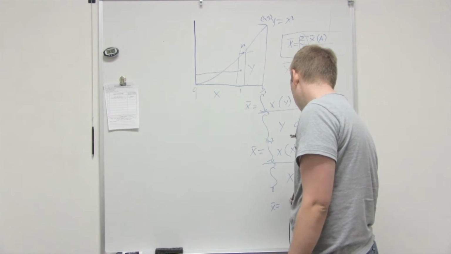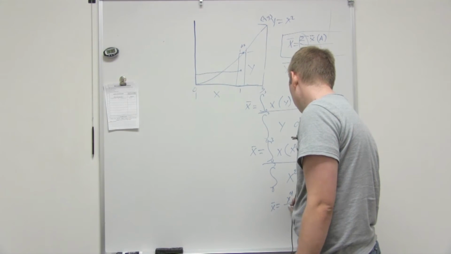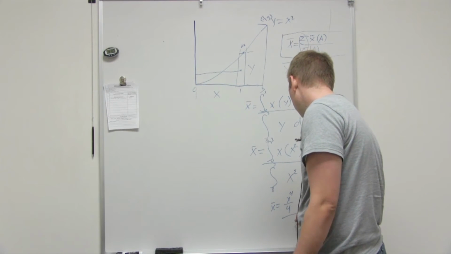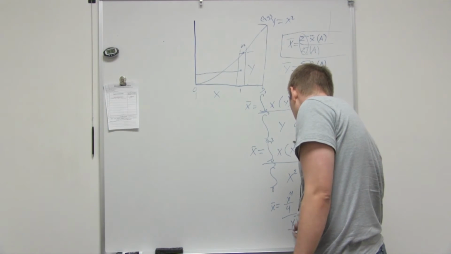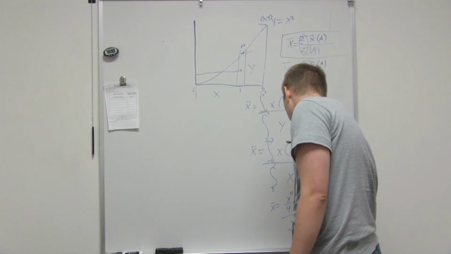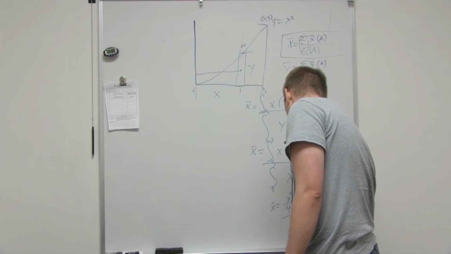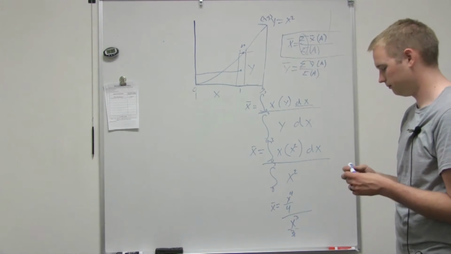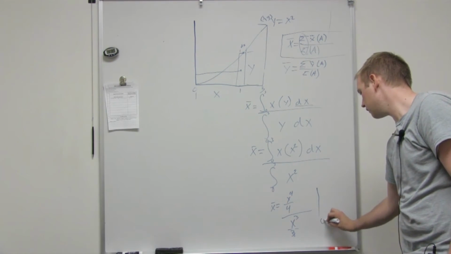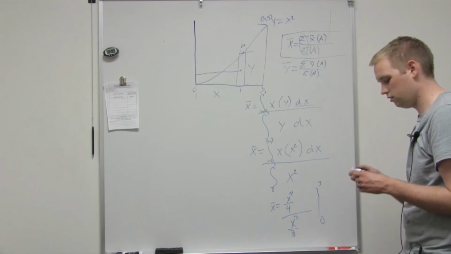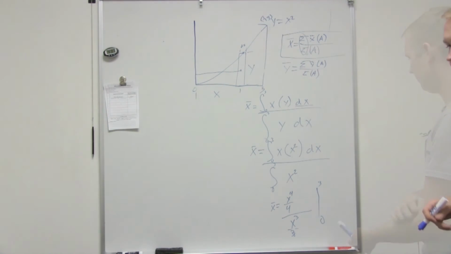So it's x to the fourth over 4 divided by x cubed over 3, evaluated from 0 to 3. That's 81 divided by 4, over 27 divided by 3. I got 2.25 for x bar.